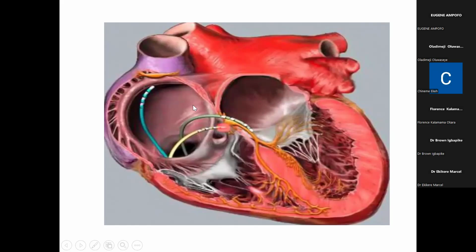So it will monitor activity from the atrium to the HIS bundle, and it can also monitor activity from the HIS bundle to the ventricle. So that is why you are going to have your AH activity and your HV activity. Hope that is clear.